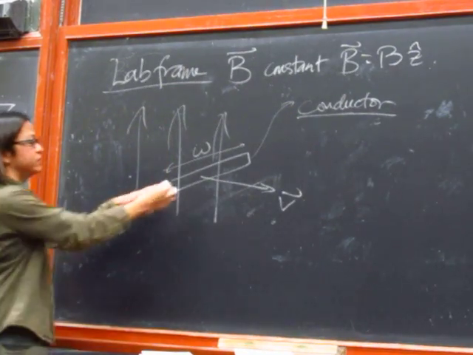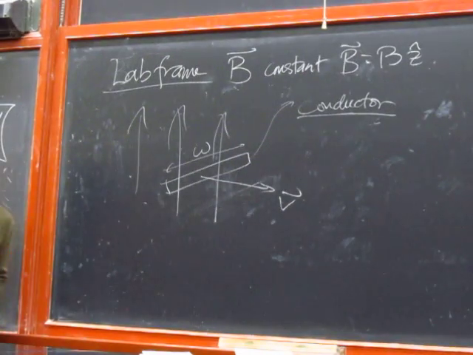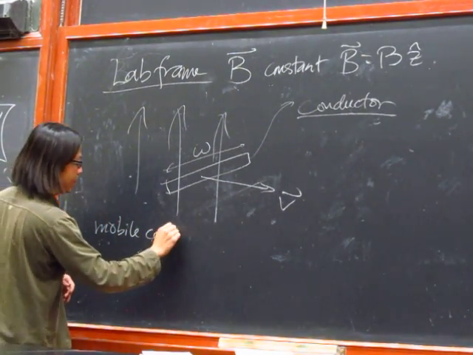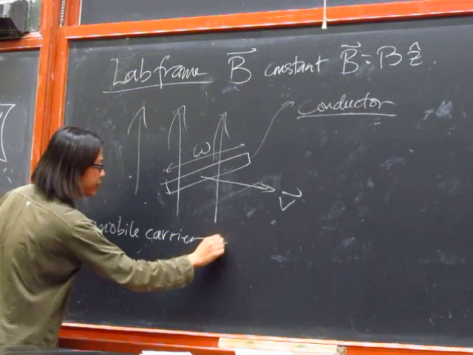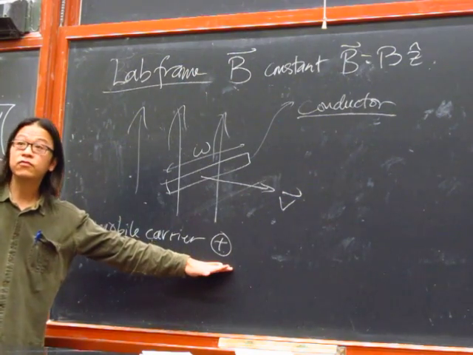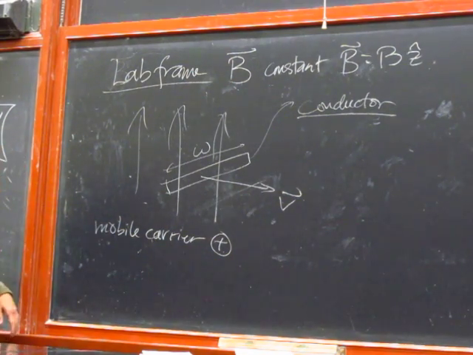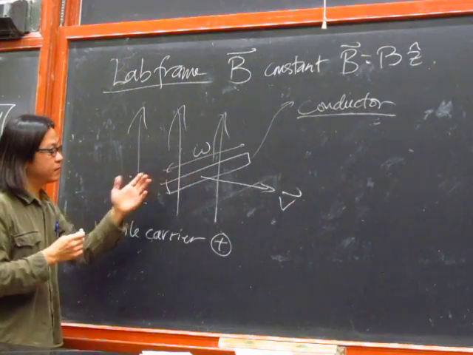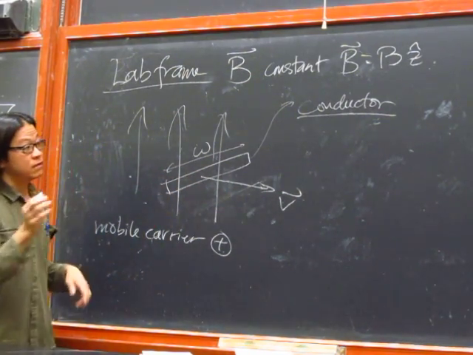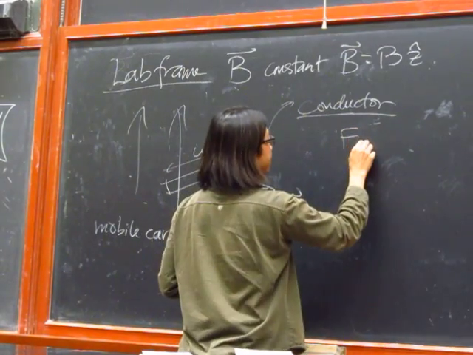So let's just consider all the mobile carriers, and for simplicity, the mobile carrier is positive, right? So the positive current move gives me positive I. Then in this case, because you have a velocity in that direction, you have a Lorentz force, right?